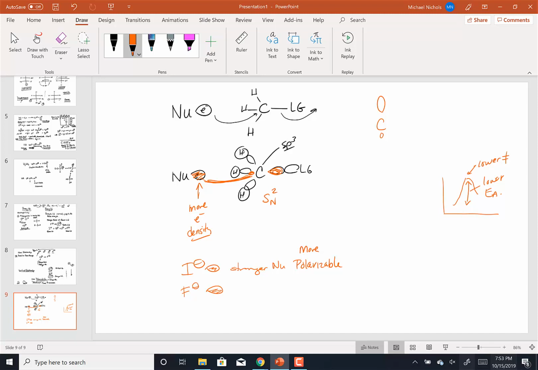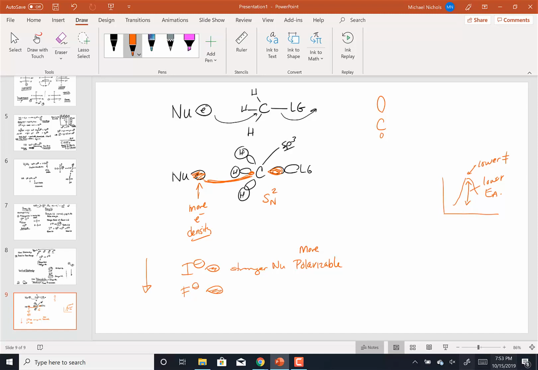So as we go down the periodic table, the valence electrons are held less tightly. That leads to this polarizability, squishiness, of being able to put more electron density into an orbital that will then overlap better with the little teeny tiny sp3 orbital in an Sn2 reaction.